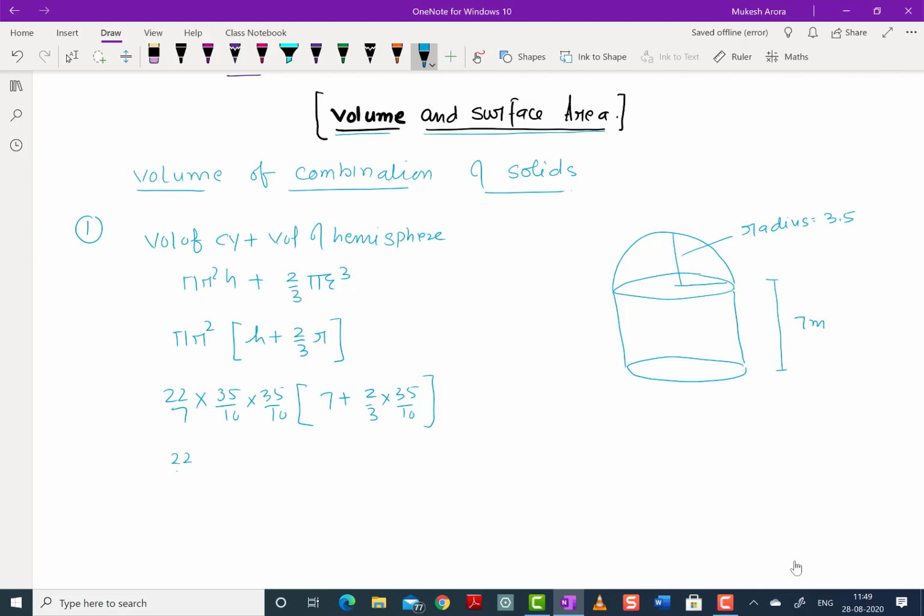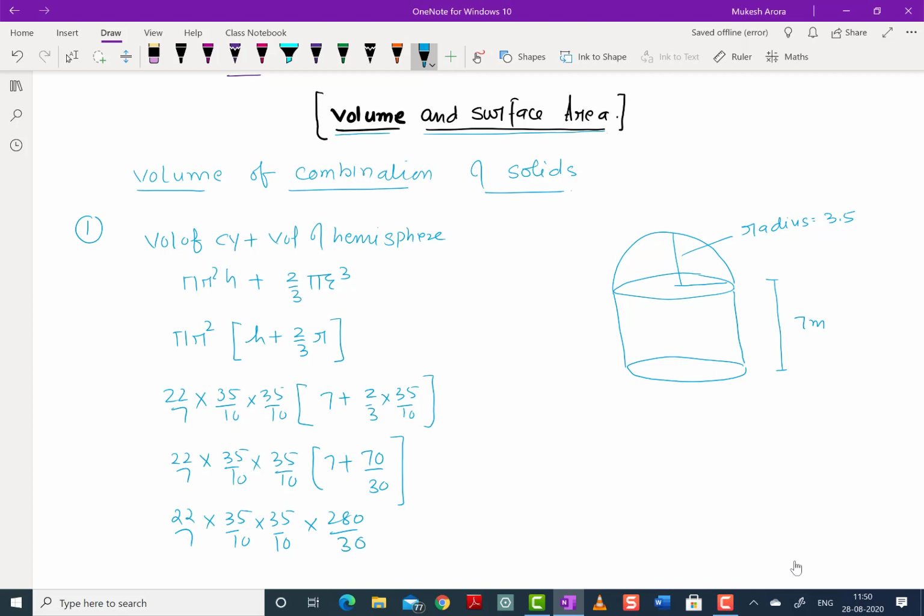So it will be 22 by 7 into 35 by 10 into 35 by 10 into 7 plus 70 by 30. So 22 by 7 into 35 by 10 into 35 by 10, 3280 by 30.